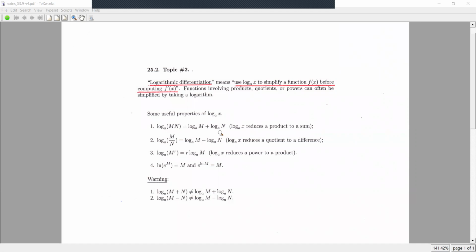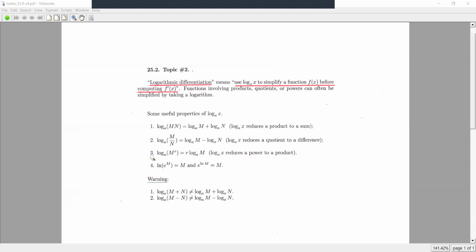This property says that log reduces a product to a sum. Property number 2, log of a quotient is the difference of the two logs. In this property, log reduces a quotient to a difference.